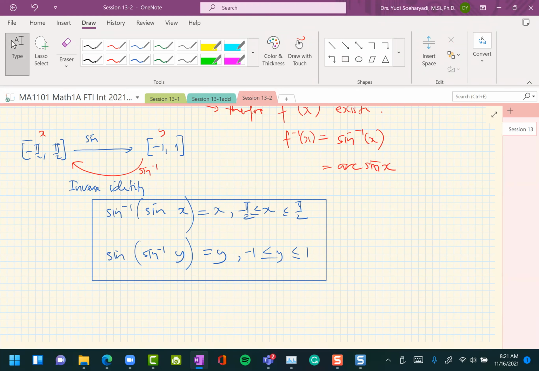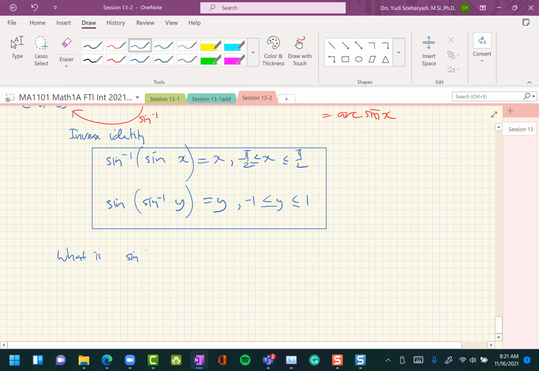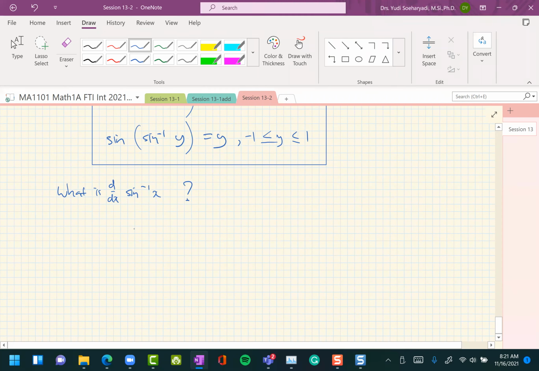Just one example: what is the derivative of sine inverse x? How do we compute that? We start with this. We let y equal sine inverse of x.